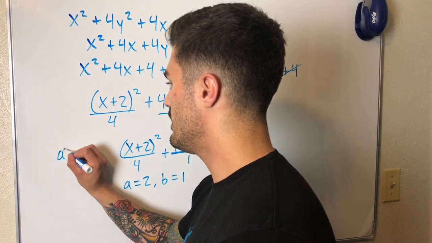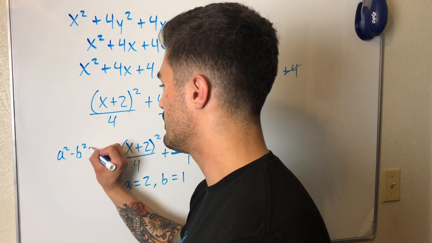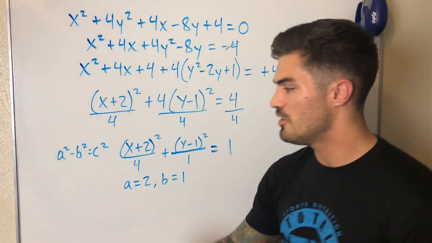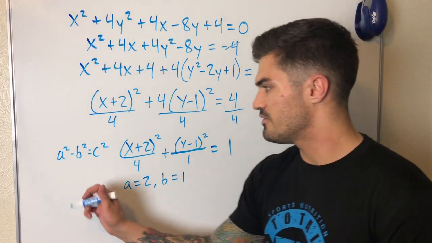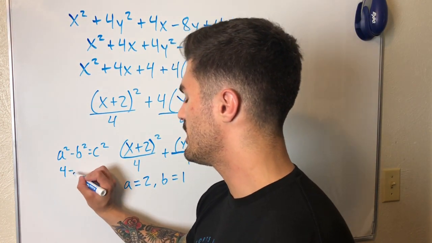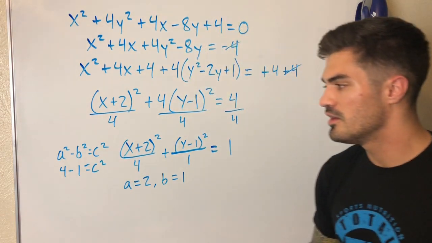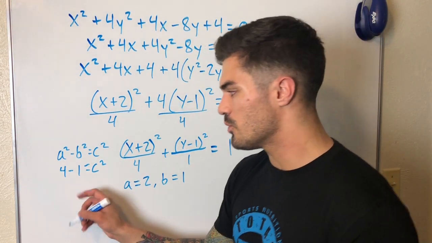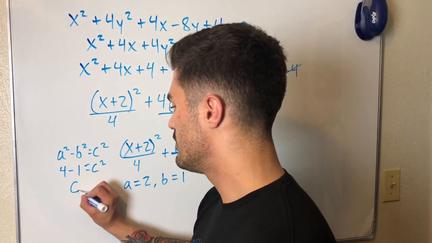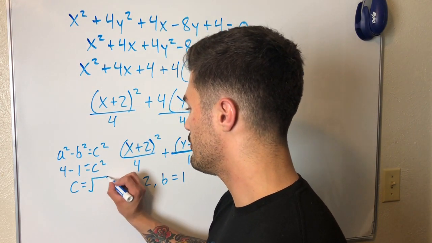So I have 2 squared, that's 4, minus 1 squared, that's 1, equals c squared. So I have c squared equals 4 minus 1, which is 3. So I have c equals square root of 3.